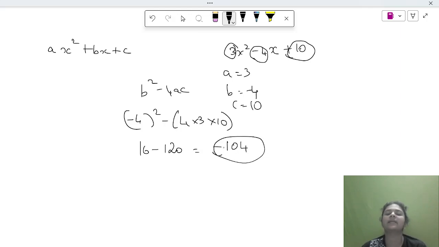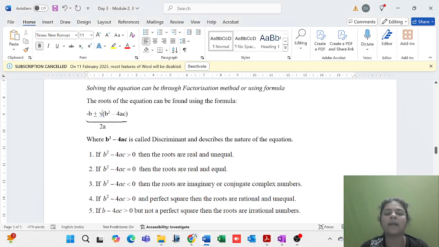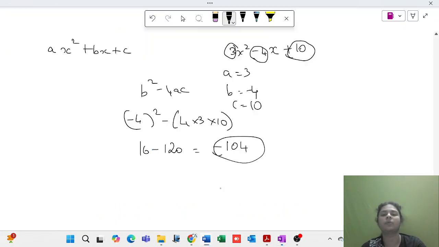Now the value is less than 0 or negative. So what is the impact? If the value is negative, then the roots are unreal or imaginary. So this is how you will find out.